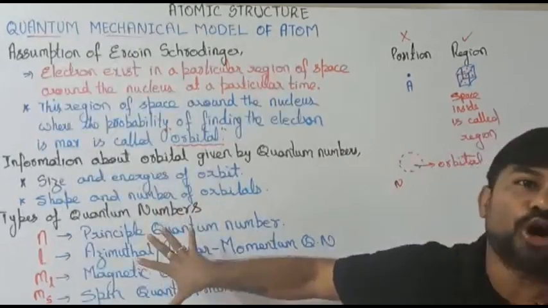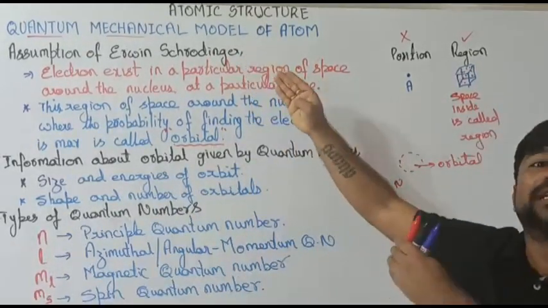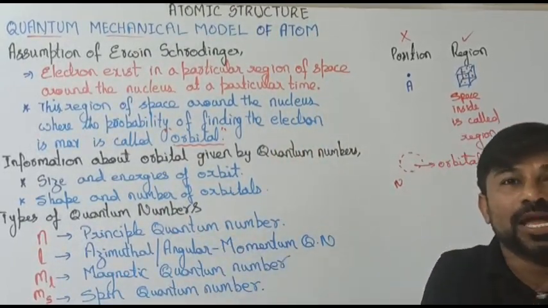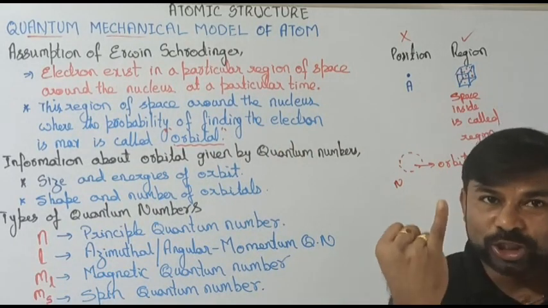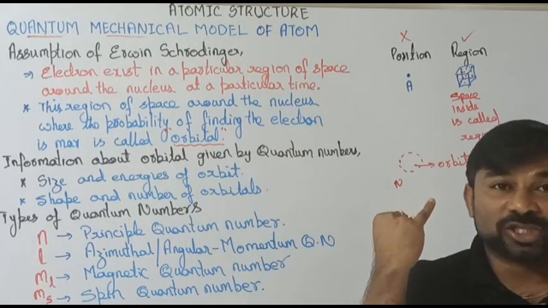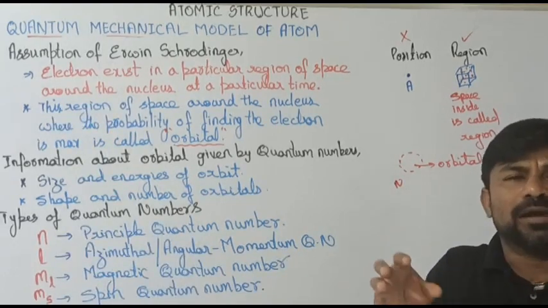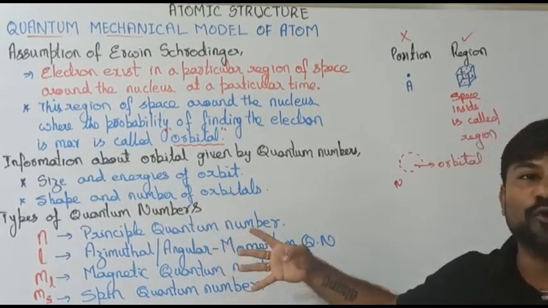These are the set of quantum numbers proposed by Mr. Erwin Schrödinger. All these four tell about a particular electron: the position of the electron, size of the orbit, energy of the orbit, and a lot of information can be given if you know all these four quantum numbers.